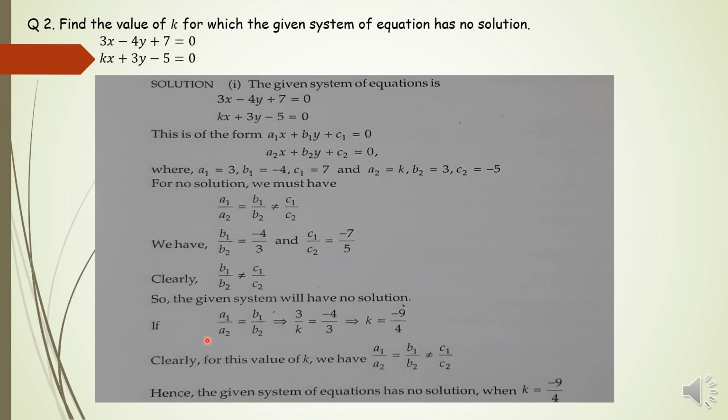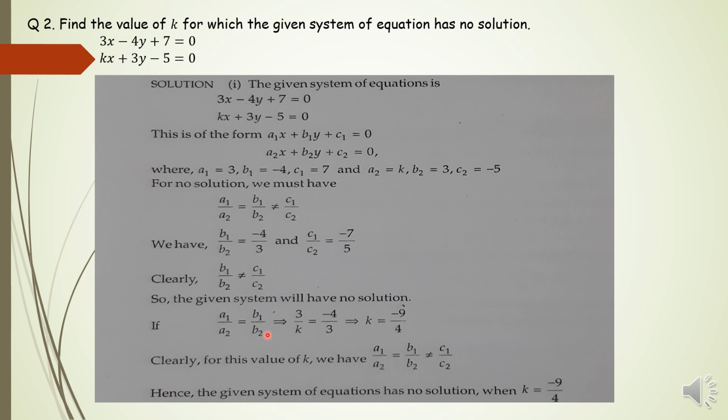And we have the condition a1 by a2 is equal to b1 by b2. From that we can find the value of k also. So the given system of equations will have no solution. It is given in the question that the given system of equations has no solution. We can take this condition a1 by a2 is equal to b1 by b2.